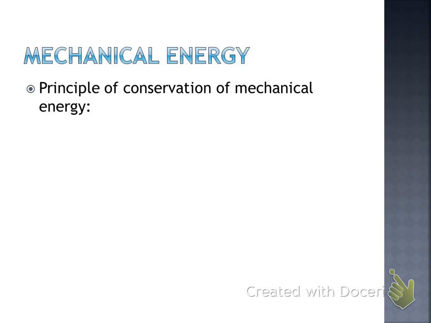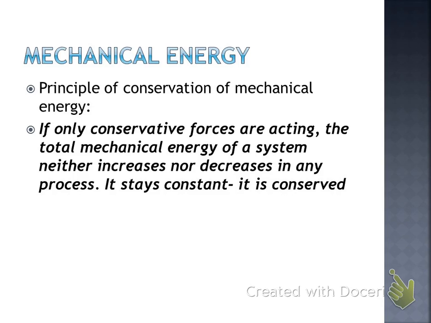All right, so I just showed you the equation for the principle of conservation of mechanical energy, but here's a word description, and this is where we get a connection to our conservative and non-conservative forces from that previous section. This tells us if only conservative forces are acting, things like gravity, that means the total mechanical energy of a system neither increases nor decreases in any process.